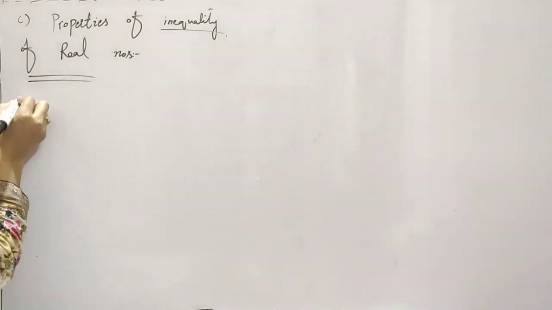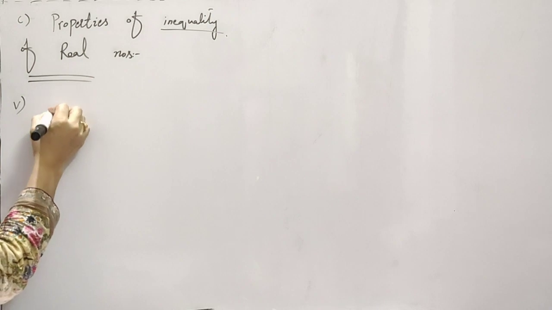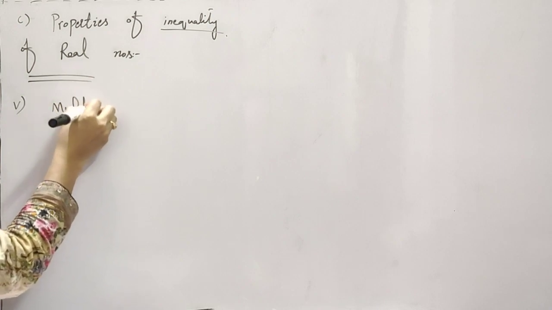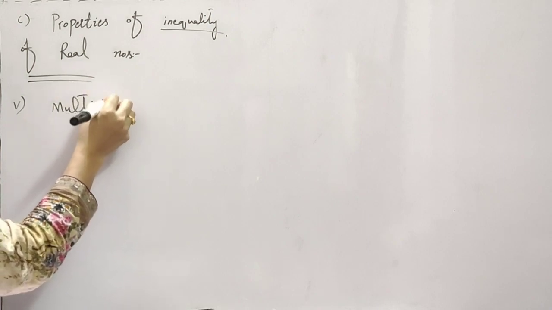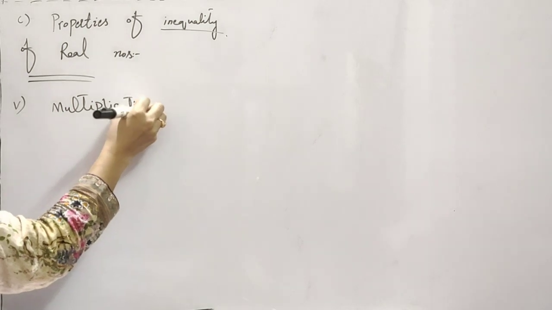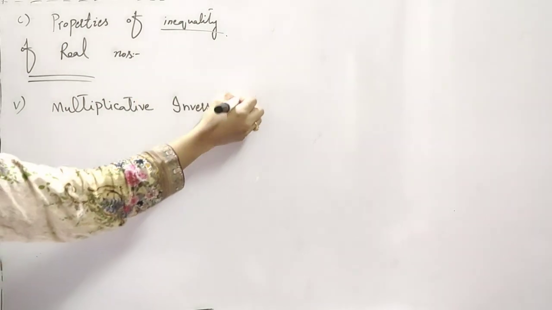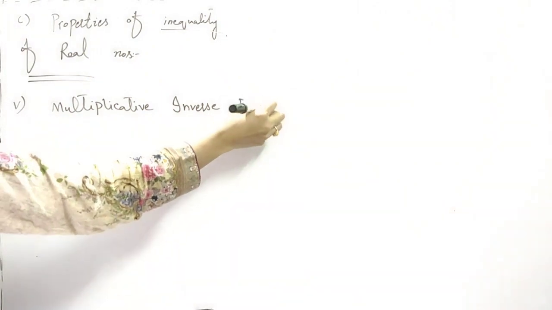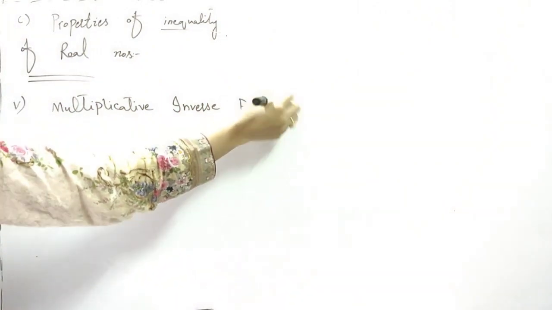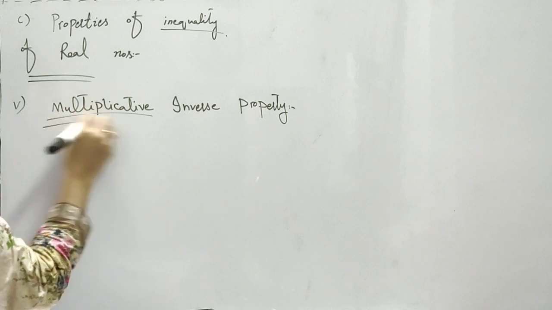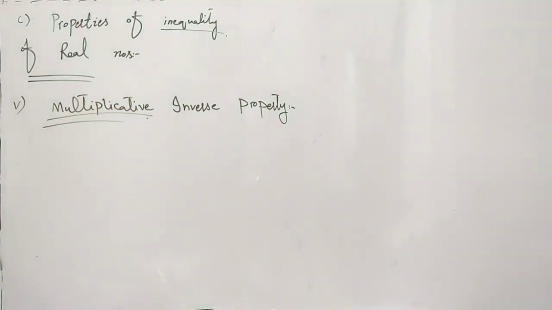Okay, now the fifth property is the multiplicative inverse property. What is the multiplicative inverse property?